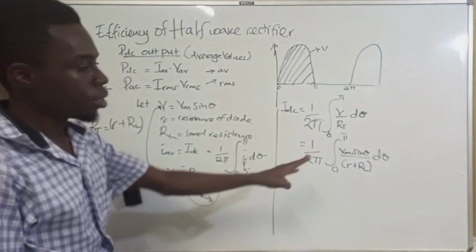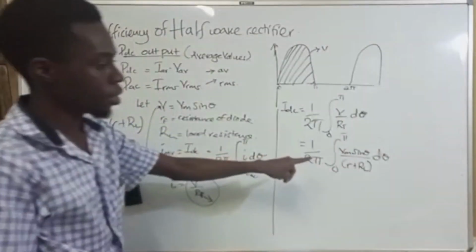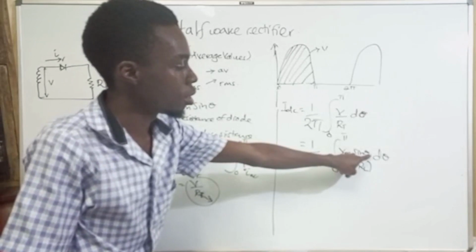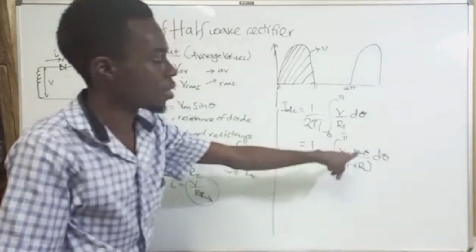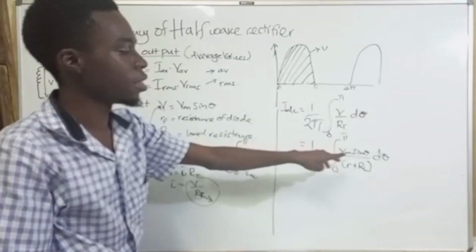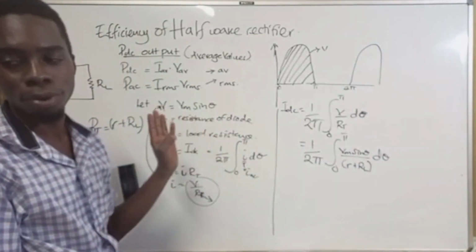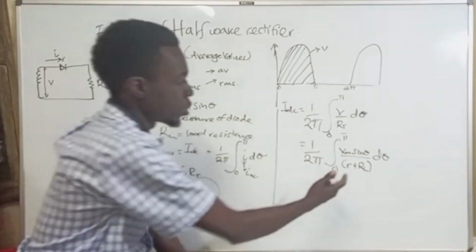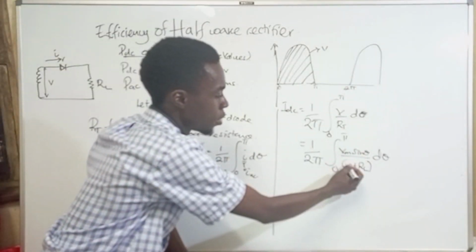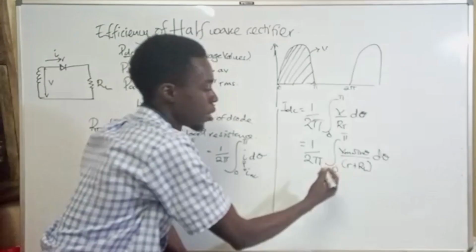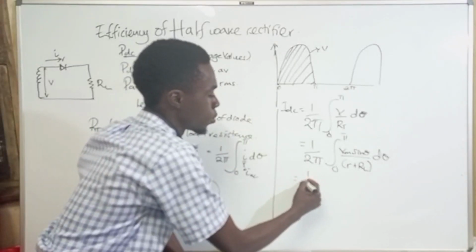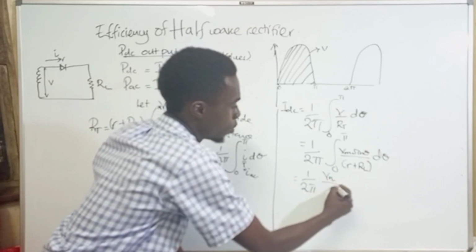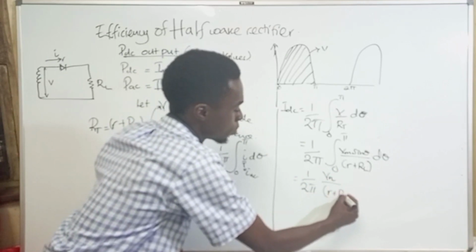When I do this, I'm integrating with respect to theta, so anything that does not have theta in it is a constant. I'll pull it out and leave it as a constant. Here I will pull out my Vm and R plus RL, and what I will be left with is 1 over 2 pi, Vm over R plus RL.